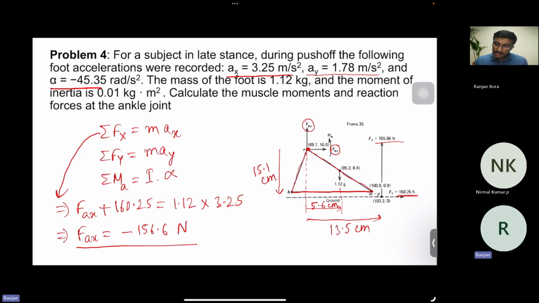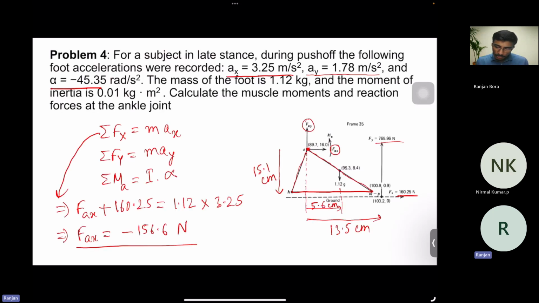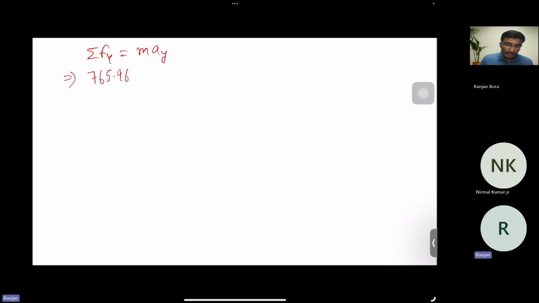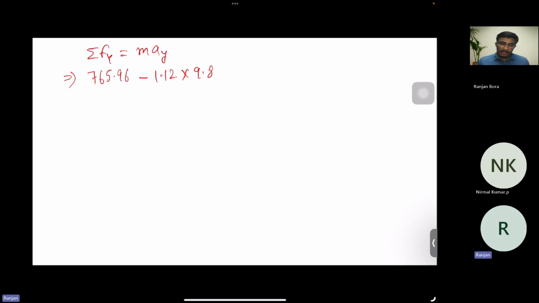One force is 765.96, and the weight of the foot is acting in the vertically downward direction, so it will be minus 1.12 into 9.8. And this FAY is acting in the upward direction, plus FAY.